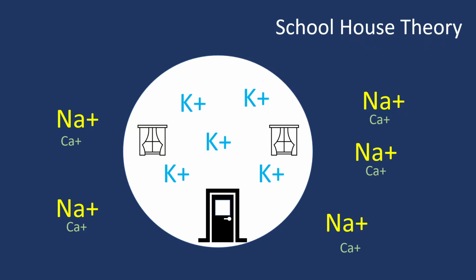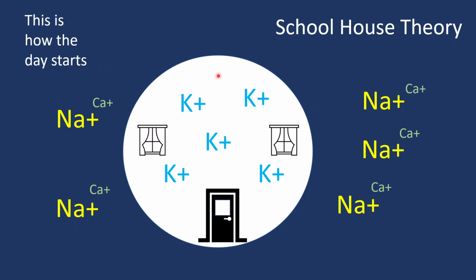So, at the beginning of the school day, we have potassium on the inside doing their thing. We have sodium out here playing, hanging out, partying, and calcium hanging out with sodium. So this is how the day starts right here.